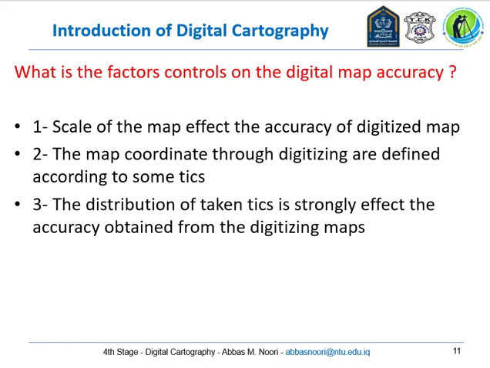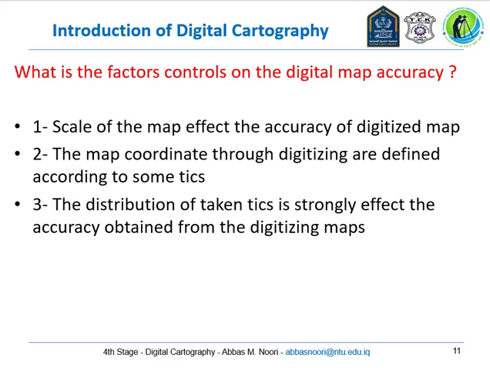What are the factors controlling digital map accuracy? The first factor is that the scale of the map affects the accuracy of the digitizing method. The second, the map coordinates through digitizing are defined according to some ticks.